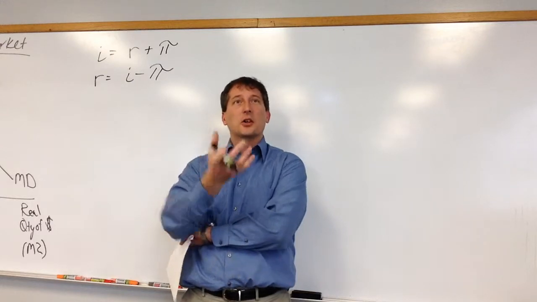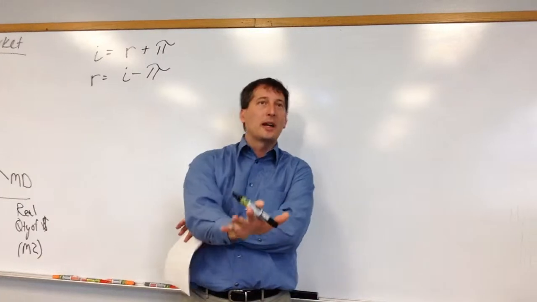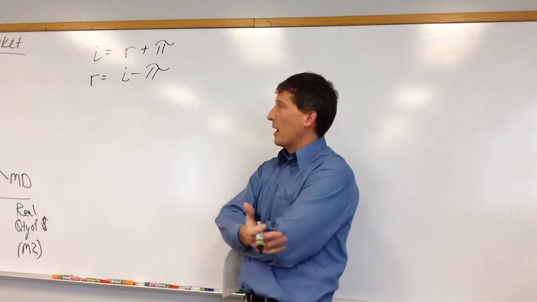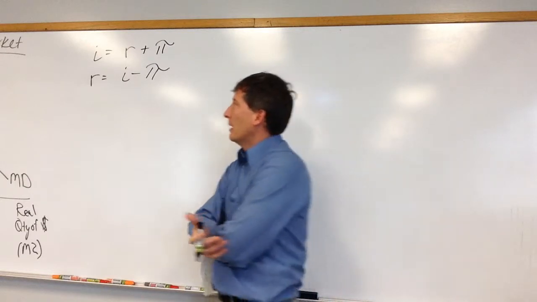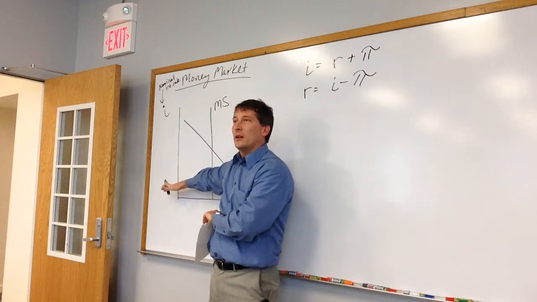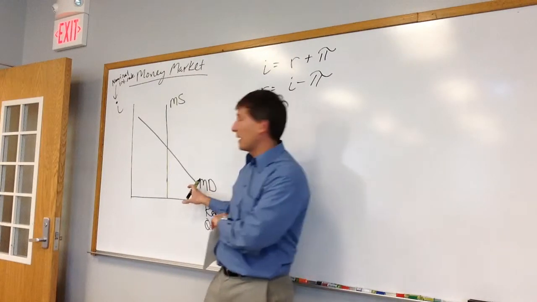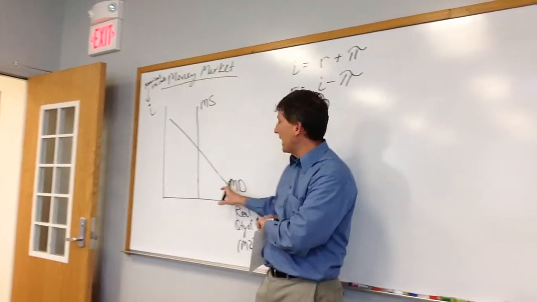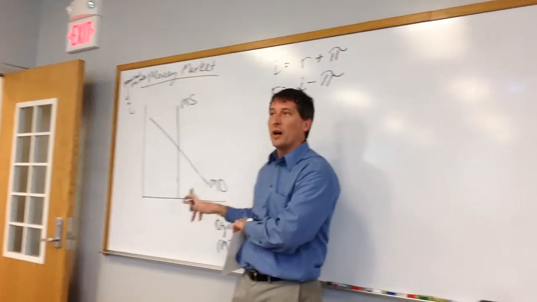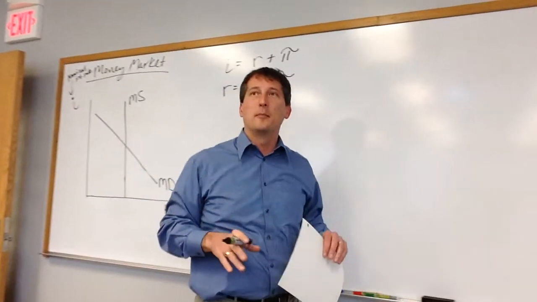If you want long-term investment, holding it in the form of cash, tucking it away in your mattress, is not a good place to put your money in terms of building wealth and getting a nice rate of return. So as those rates of return fall, it's like, no big deal, I'll put more in my wallet, right? So you can think about the demand for transactions as: if I'm not getting very much, then I might as well just hold on to more of my money. And so that gives us this downward sloping money demand curve.